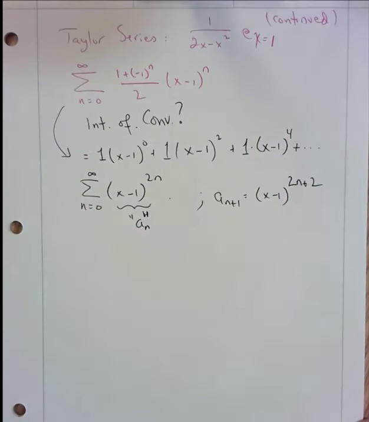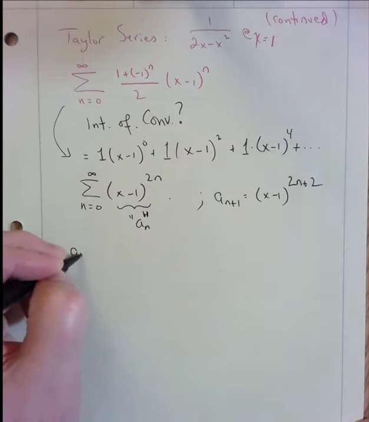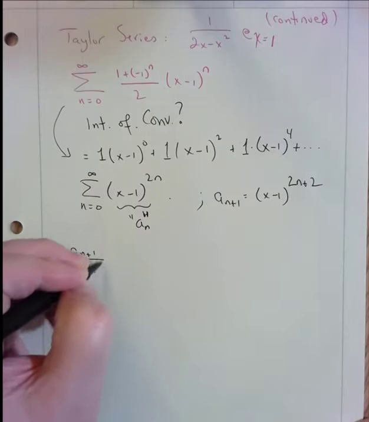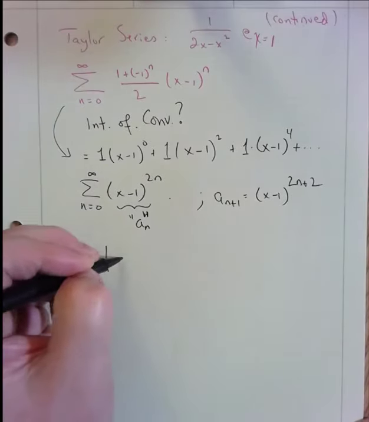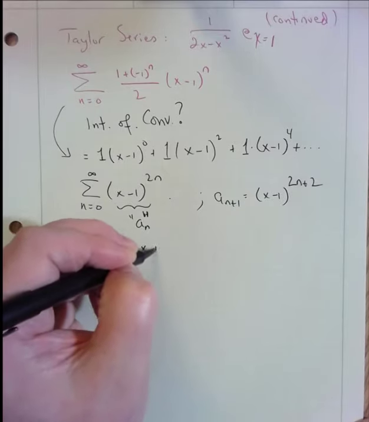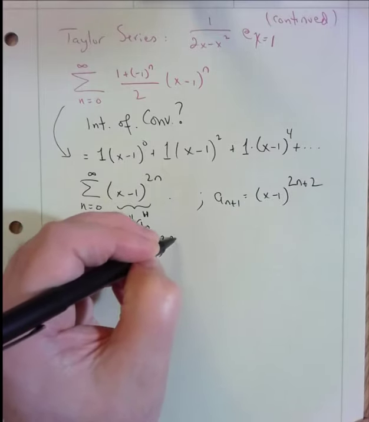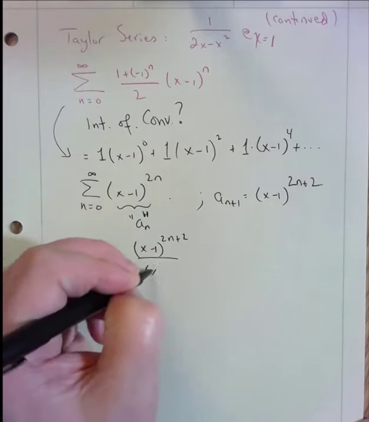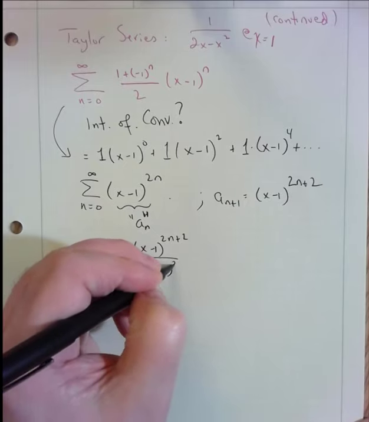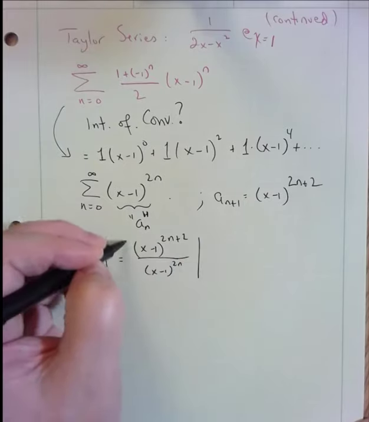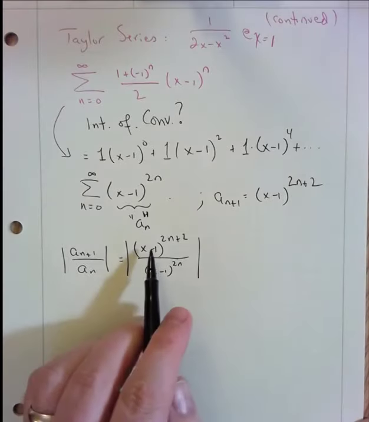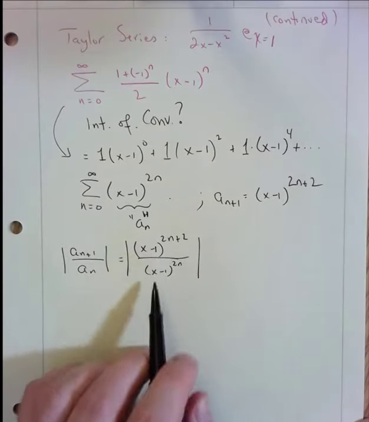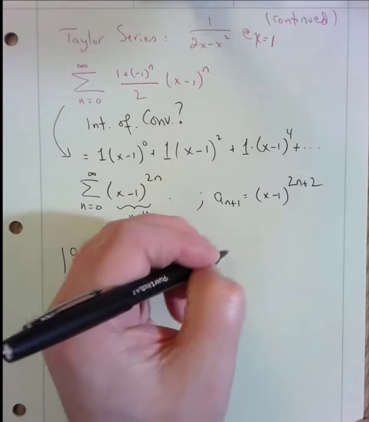And then for the ratio test, we're going to load up the ratio, a sub n plus 1 over a sub n, with the absolute value bars on it, which will be x minus 1 to the 2n plus 2 divided by x minus 1 to the 2n within the absolute values. That just means there's 2 more x minus 1s on top than there are on the bottom.